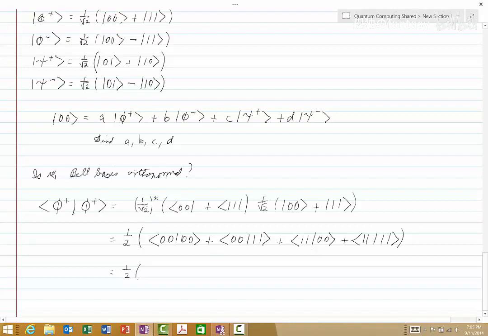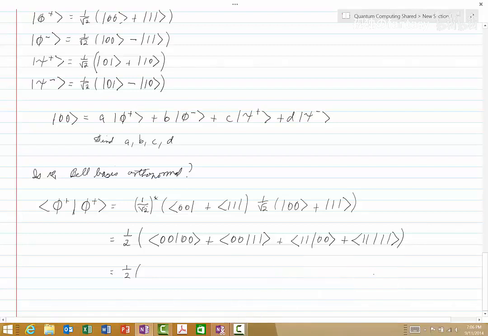Because each of these is the inner product of 2 qubits with 2 qubits rather than 1 qubit with 1 qubit. So what do we do here? Well, if it helps, you can write it out like this to help you keep things straight. This first one is |0⟩ tensor product |0⟩. Well, actually, let's maybe do this in the following way.